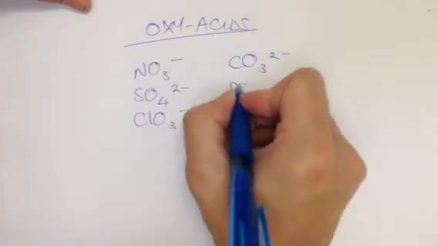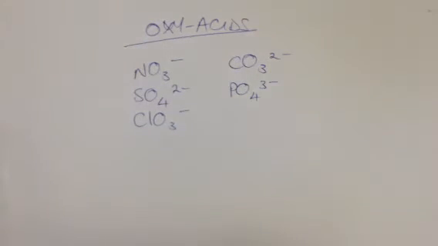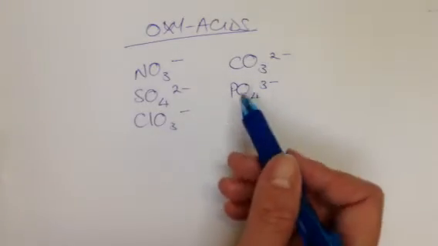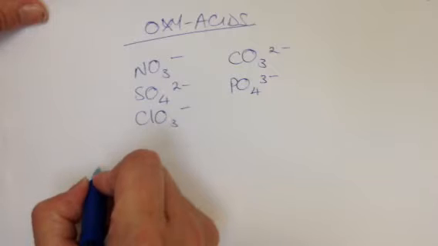What else? Phosphate. Okay, those are 5 oxyanions that it would be very helpful for you to memorize. If you memorize the names and formulas of these oxyanions, you can work out the names of the acids. Okay, I'll show you what I mean.